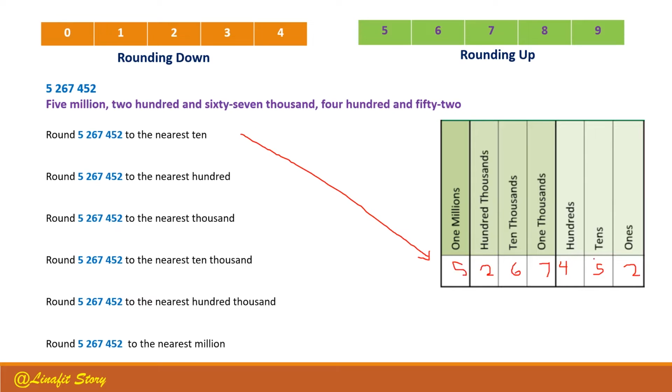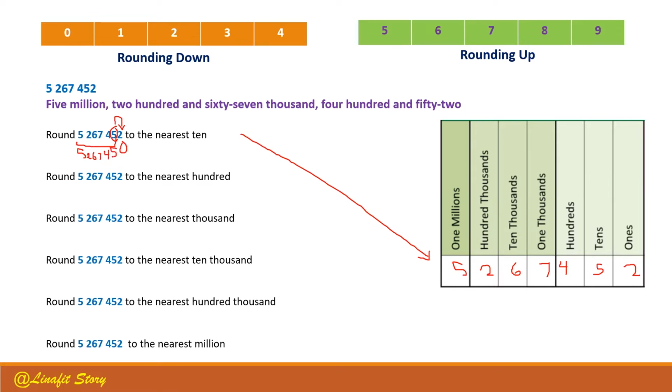To the nearest 10, 5 is in the tens place. After 5 is 2, so round down. So you just copy the rest: 5, 2, 6, 7, 4, 5, 0.